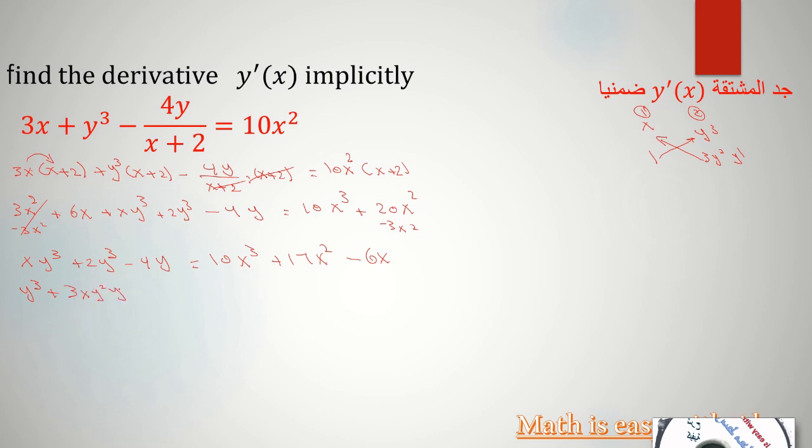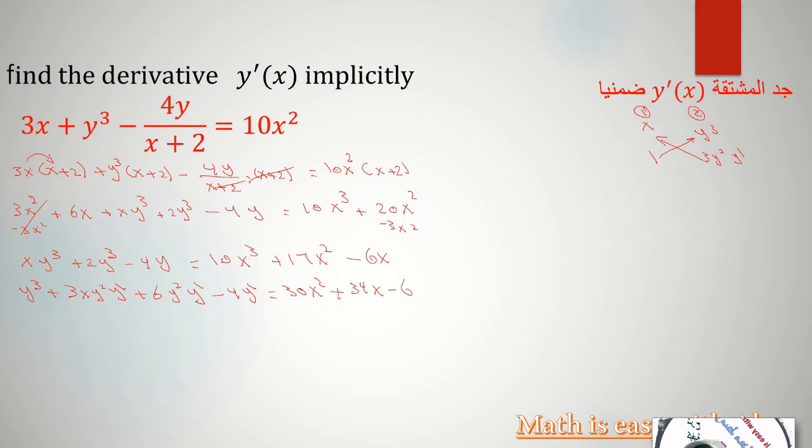3xy squared y prime, plus, now the derivative of 2y cubed, it's 6y squared y prime, minus the derivative of 4y will be 4y prime, the derivative of 10x cubed, it will be 10 times 3x squared, plus 17 times 2, it will be 34x, minus 6.